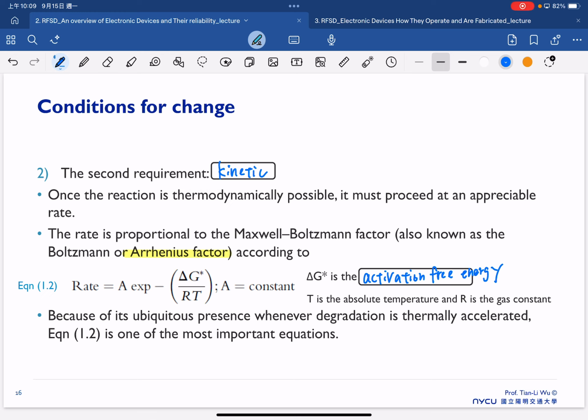Because of this equation, whenever degradation is thermally accelerated, this is one of the most important equations that we can use to describe the temperature-dependent acceleration of the degradation rate, because we have the temperature here, so we can understand the rate versus temperature, but also versus this free energy.